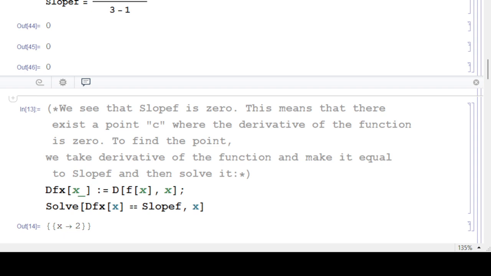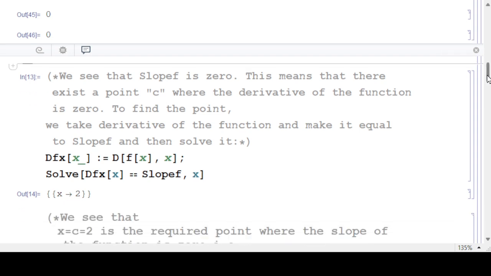To find the point, we take the derivative of the function and make it equal to the slope and then solve it. So for this case, we define another function which is the derivative of the original function with respect to x. And then we solve the derivative function and make it equal to the slope of the function.